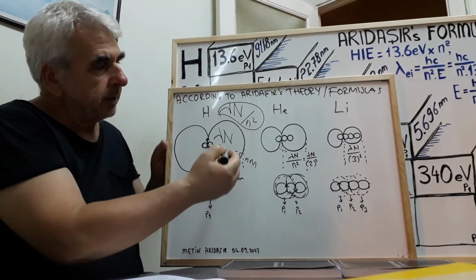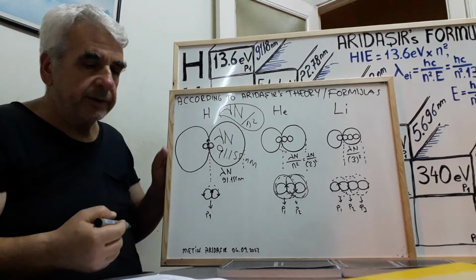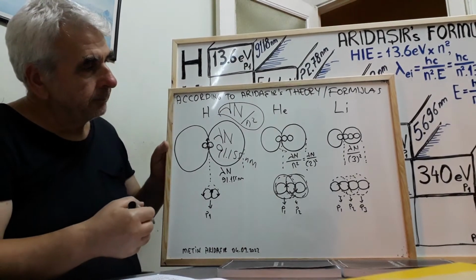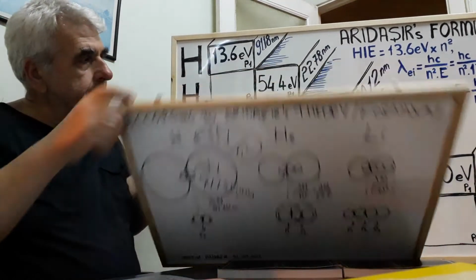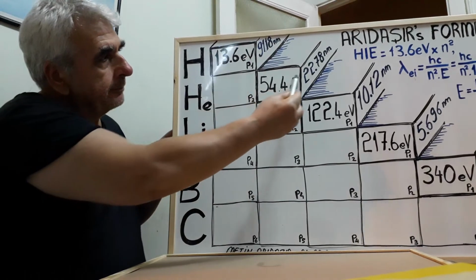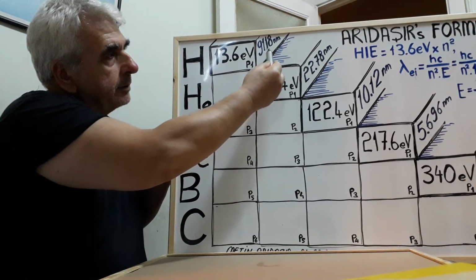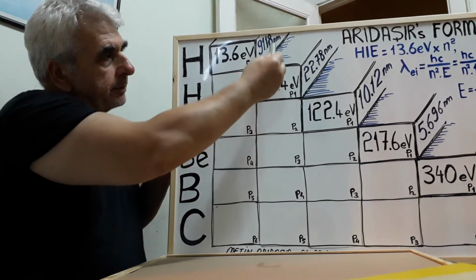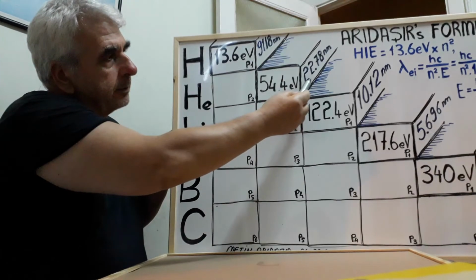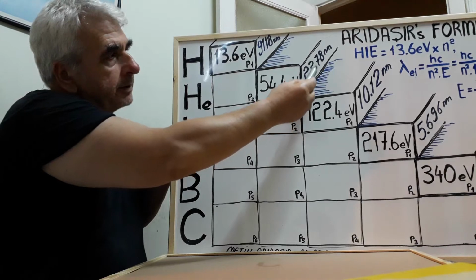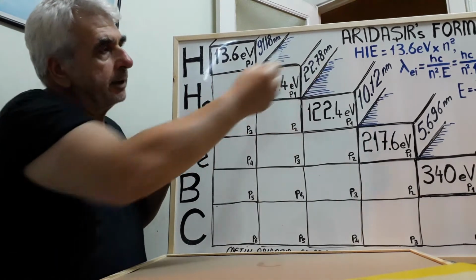Lambda n divided by 4: 91.155 divided by 4 is equal to 22.78 nanometer.